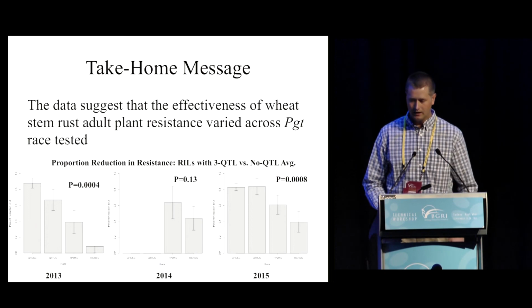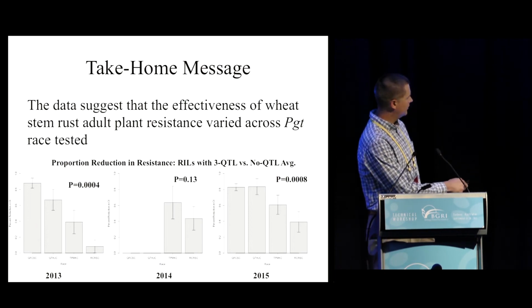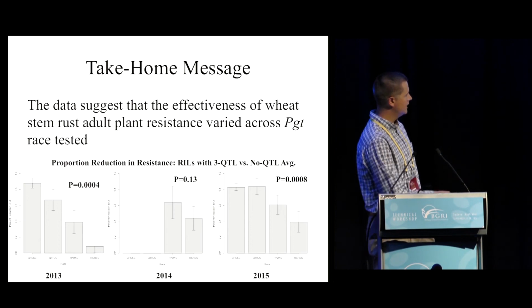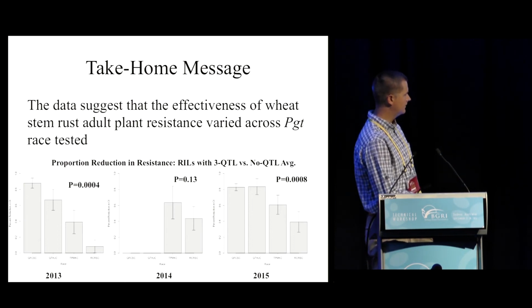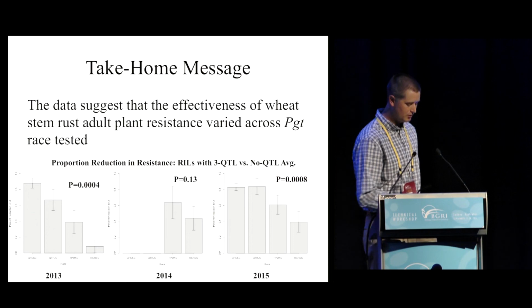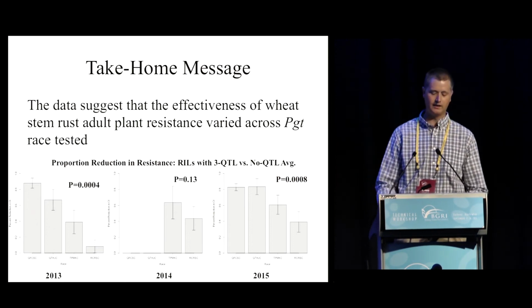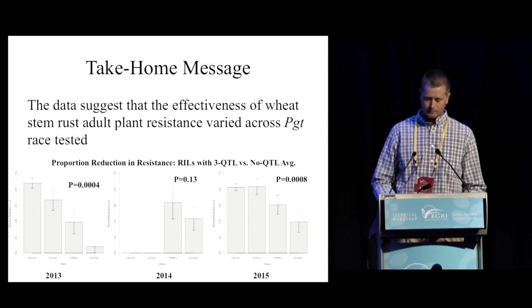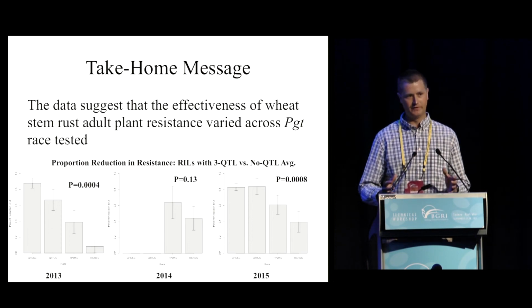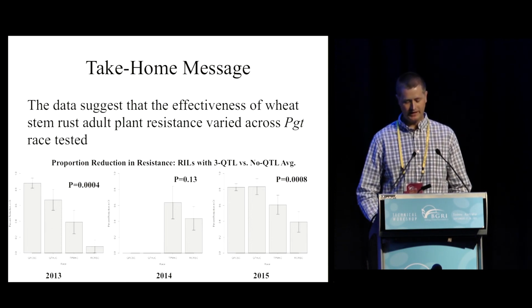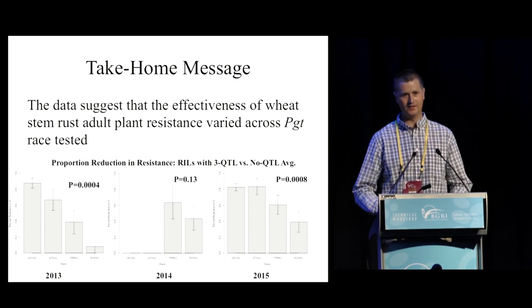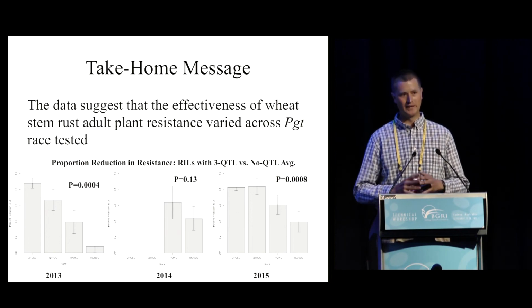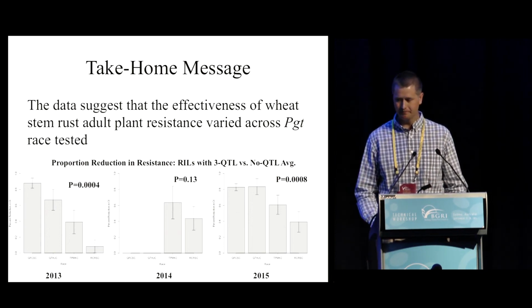And so here below are just the p-values for the TPMK RSCSC comparison. You can see that there's a consistent difference between those two races in the resistance conferred by that specific gene pyramid. This suggests that adult plant resistance is not the same for all races, at least for this population.